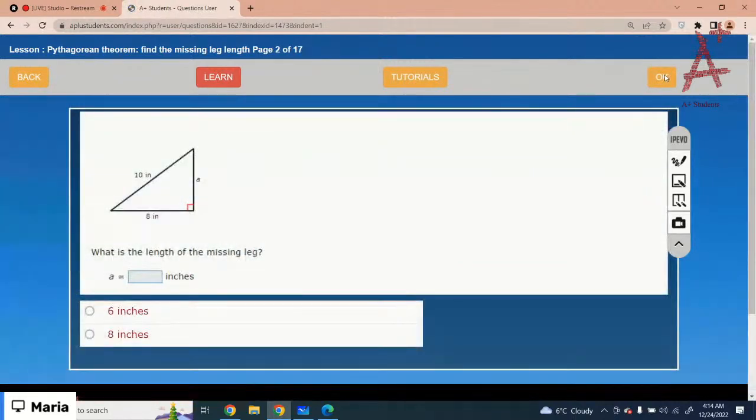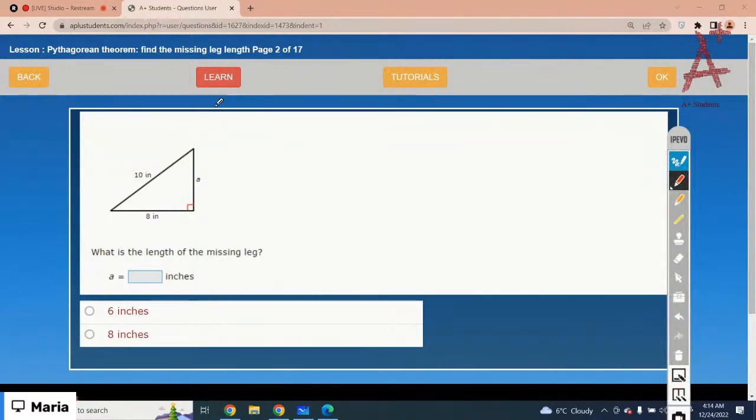Okay. What is the length of the missing leg? Got it? The Pythagorean theorem is c square equals a square plus b square. Now you have to find the side length of a square. So write a square as it and move that b square to the other side.